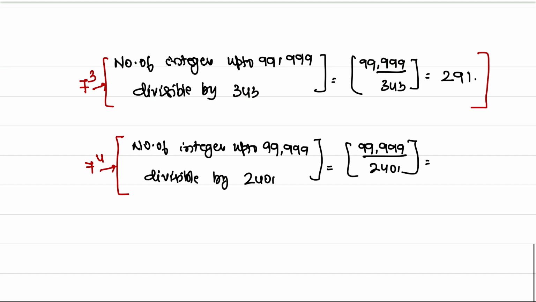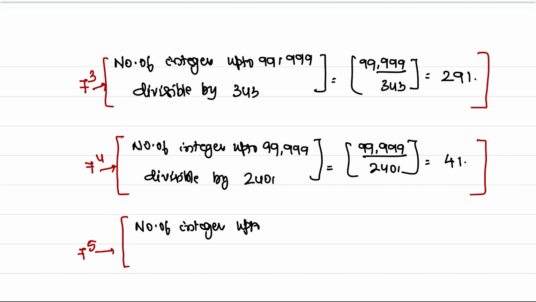The greatest number we are taking is 41. Let us put red color. Now, what is the next? 7 to the power of 5. Here, number of integers up to 99,999 divisible by 7 to the power of 5.